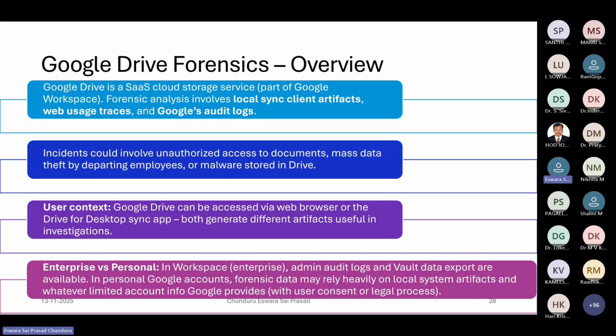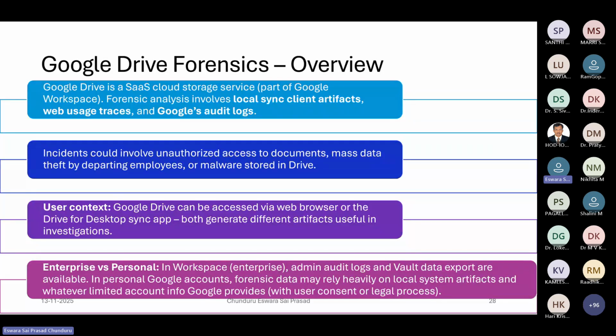And coming to the user context, Google Drive, similar to OneDrive, can be accessed via a web browser or the Drive for Desktop synchronization app. These two scenarios, that is, accessed via the internet through a web browser or through the app, will generate different artifacts which will be useful for investigation.